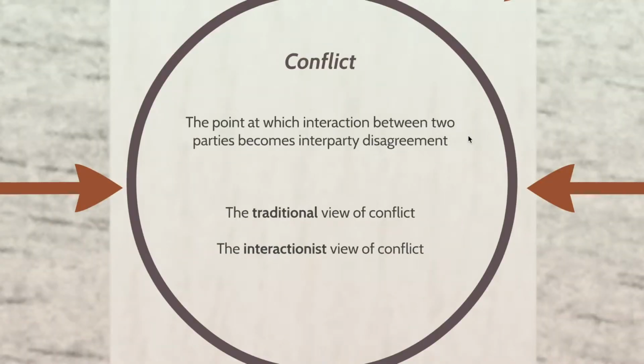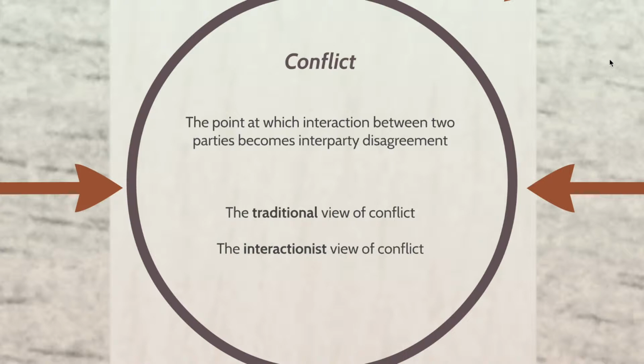Conflict is defined as the point at which interaction between two parties becomes inter-party disagreement. There are two views of conflict, the traditional view and the interactionist view. The traditional view of conflict is that of conflict as an outcome, specifically an outcome of a dysfunctional process.